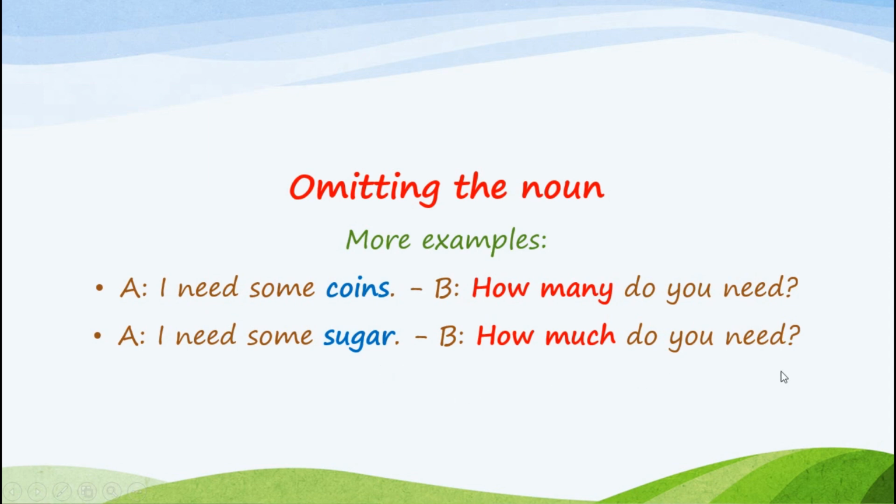How much do you need? Look, here we use how many because we're talking about coins, and coins is a countable noun. And here we have to use how much because we're talking about sugar. And sugar is an uncountable noun because it's a powder. It's something that you cannot count with numbers.